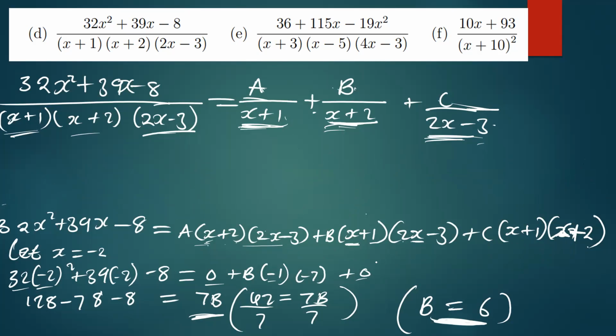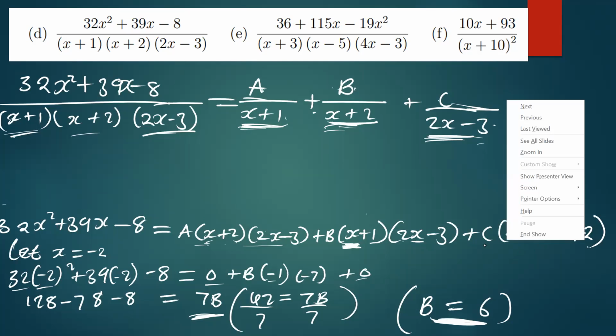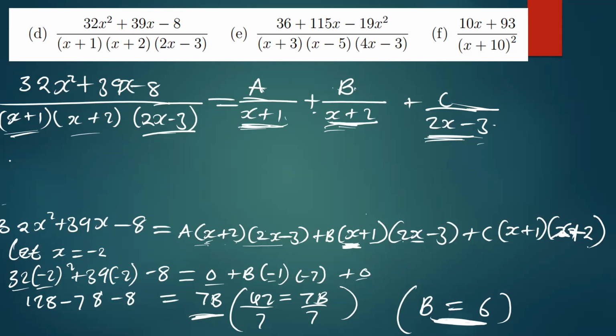By looking at these expressions, I can also get this linear factor, which is x plus 2. So if I put negative 1 where there's x here, this will be a 0. If I also put negative 1 where there's x here, this will also be a 0. So I'll say let x be equal to negative 1. So after doing this, we replace negative 1 in the whole expression there.